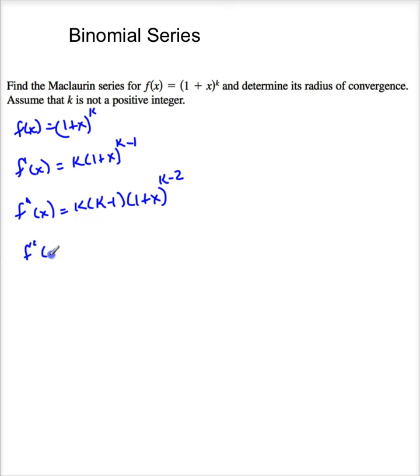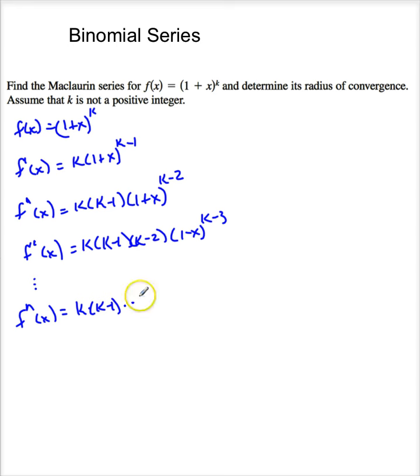The third derivative of x is, you see where we're going here, k times k minus 1 times k minus 2 times (1 plus x)^(k minus 3), so that the nth derivative of x is going to be k times k minus 1, dot dot dot, times k minus n plus 1, because I'm going to use 1 more than my derivative, times (1 plus x)^(k minus n).